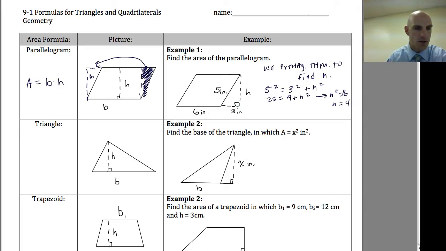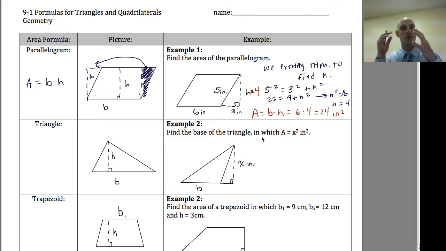Now if the height is 4 and the base is 6, the area is equal to base times height, which is 6 times 4, which is 24 inches squared. Notice I found the height using the Pythagorean theorem, then multiplied it times the base to find the area.